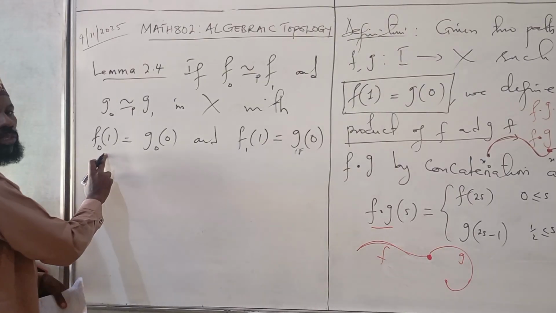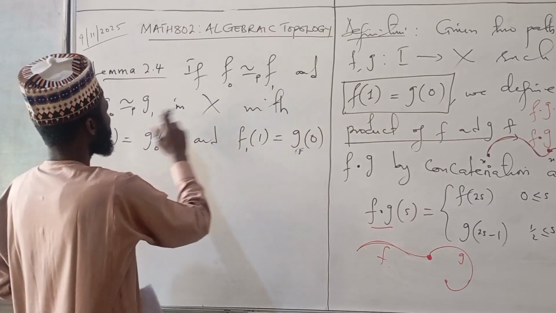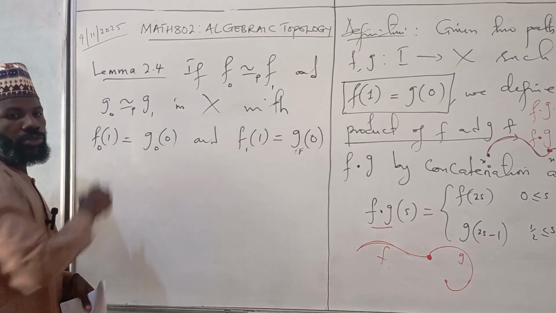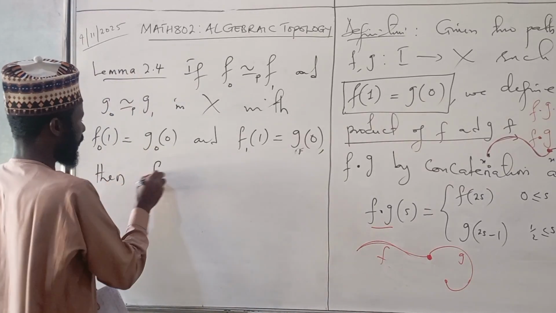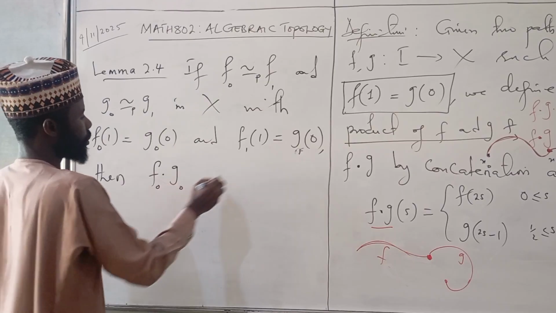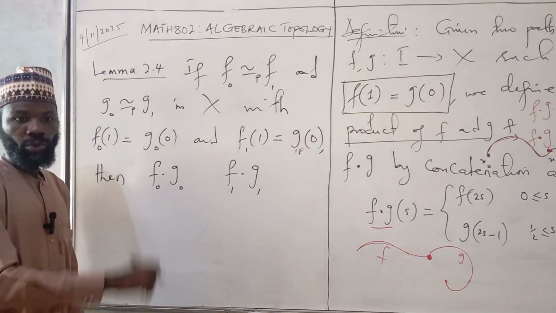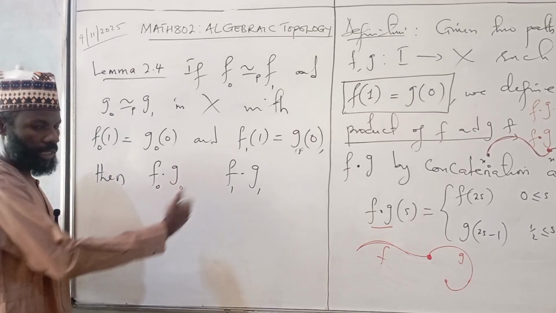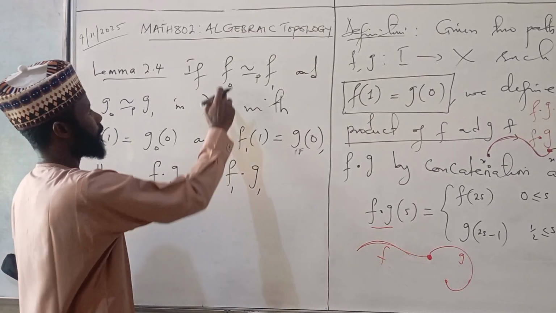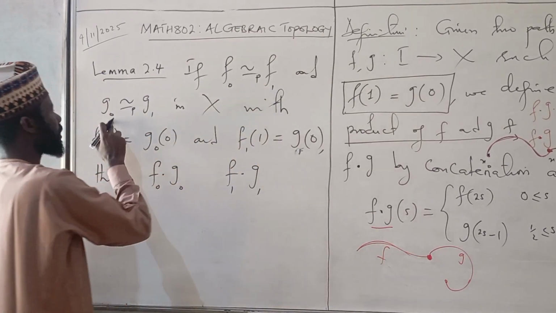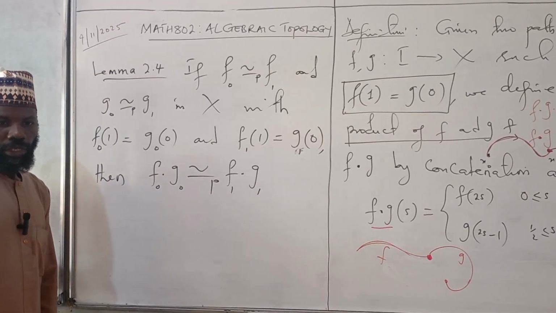Meaning the product f0 times g0 is defined, and the product f1 with g1 is also defined. So I can multiply f0 with g0, and I can also multiply f1 with g1. These two paths exist. But the theorem is that if this is path homotopic to that, and this is also path homotopic to this one, then the products will also be path homotopic. Did you get it? Yes.